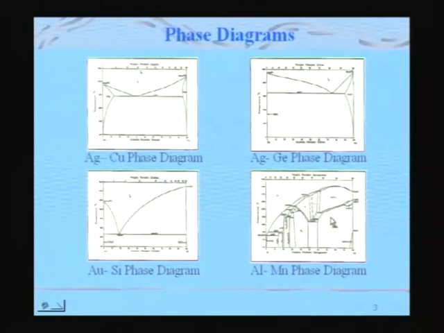Aluminum titanium is another. So there are so many peritectics here, and one basic difference between metallic glass forming systems and quasicrystal forming systems is that you rarely get a metallic glass in a system which shows peritectics. You need eutectics, particularly deep eutectics, for a liquid to be stabilized for the glass to form.